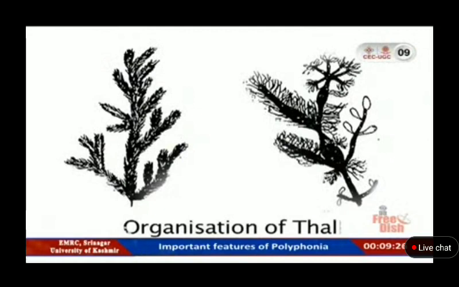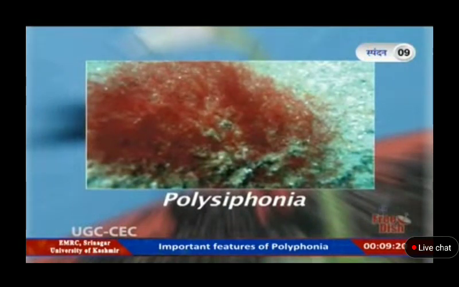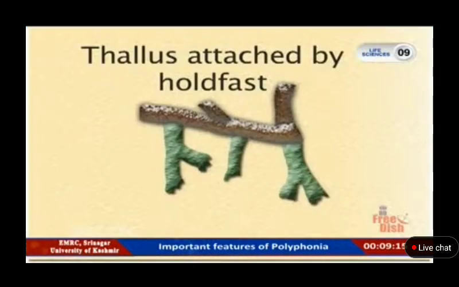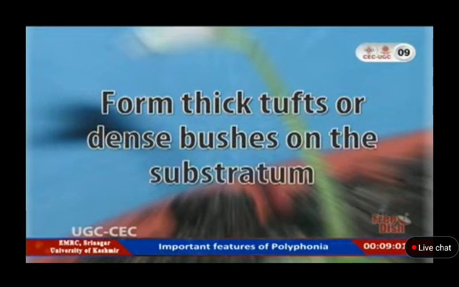Organization of thallus. The thallus of Polysiphonia is filamentous and is brownish to purplish red in color. The thallus is attached to the substratum in water by a holdfast. Many species of Polysiphonia form thick tufts or dense bushes on the substratum.